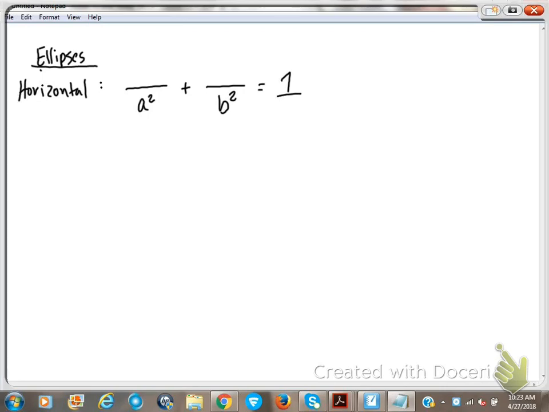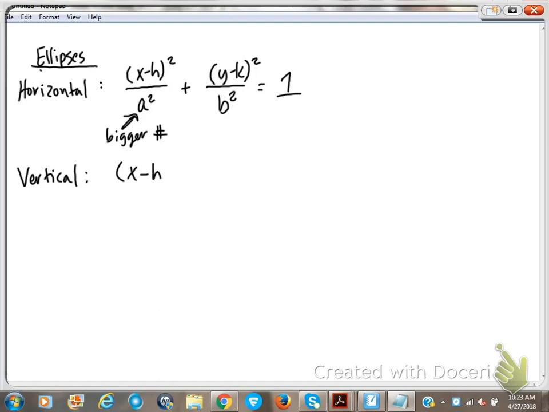Now, if the center was not at 0, 0, then what went on top of that a squared? X minus h, for it to be horizontal, and then here, y minus k, where this is your bigger number. For it to be vertical, same thing except the a squared and b squared are switched. Good.